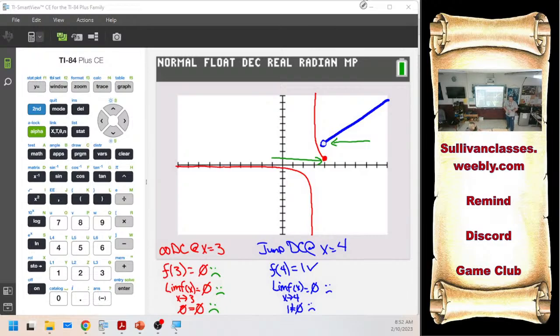It doesn't have to equal the value. Make sure you write out all parts. Make sure what? When you say infinite, jump, or removable, make sure that you say where it happens, so I know exactly where you tested. Little things.